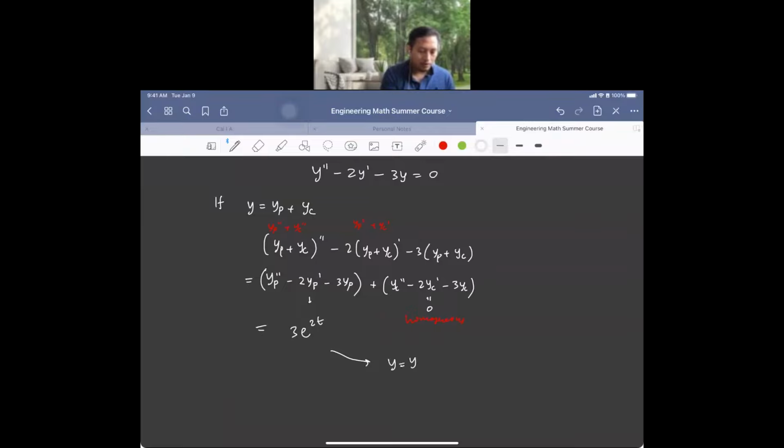So we know that from here, y equal yc plus yp also solves the non-homogeneous. That we already see also from our previous one.